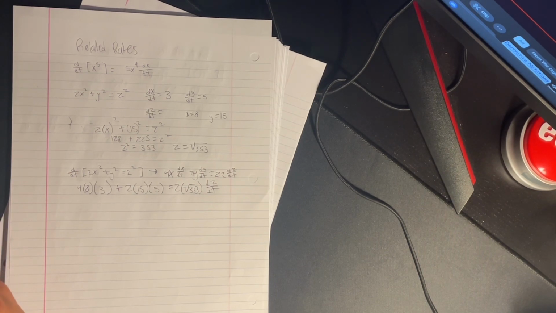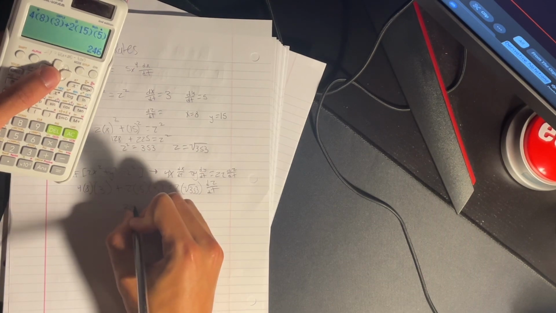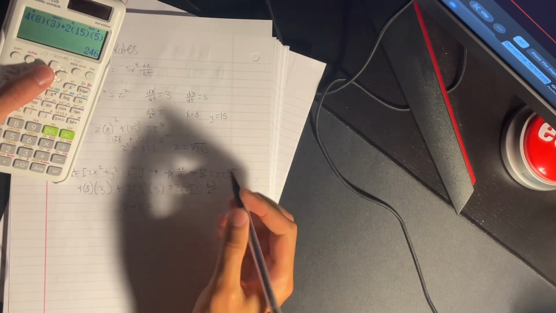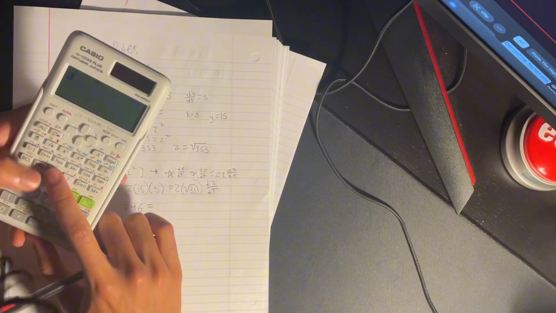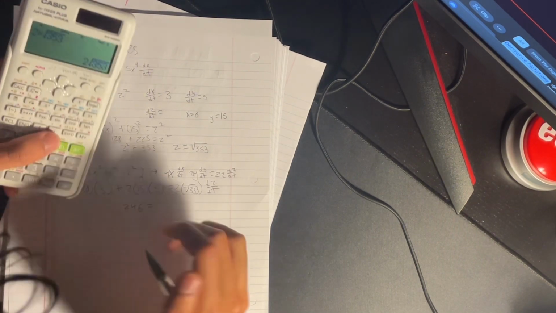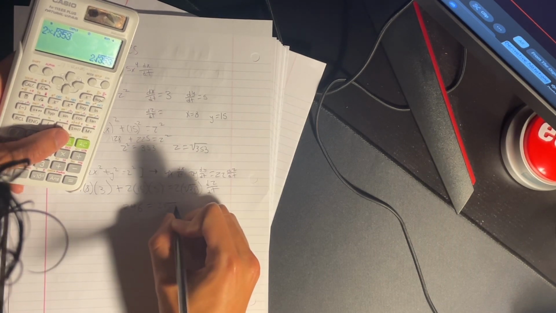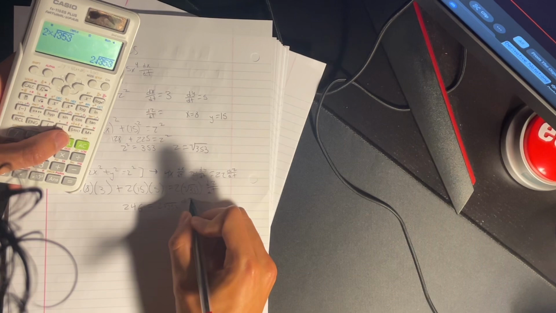Okay, so on the left we have a sum of 246 equals 2 times the square root of 353 times dz dt.